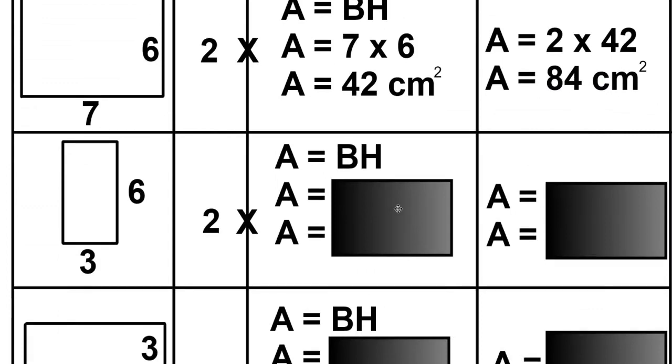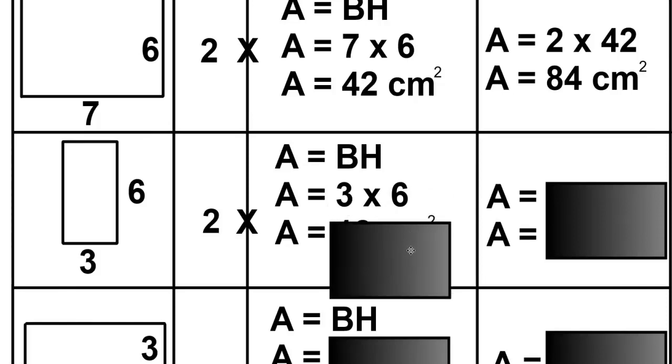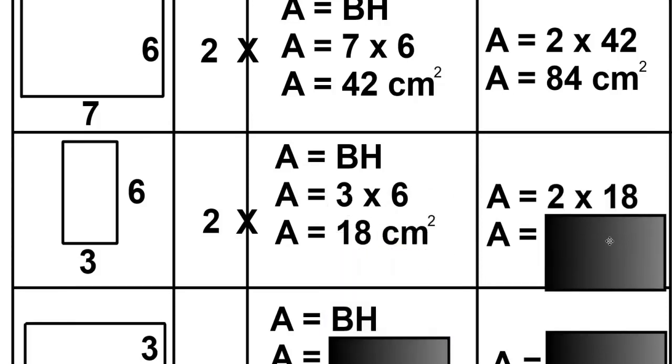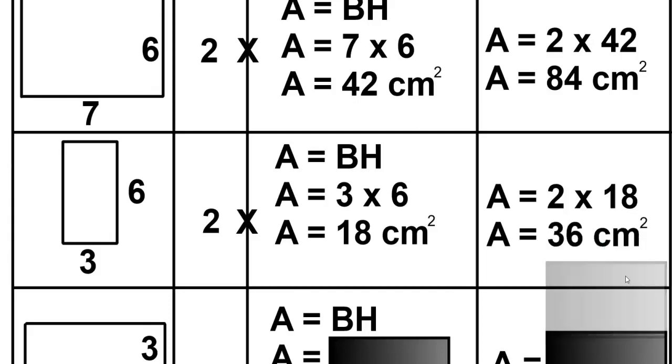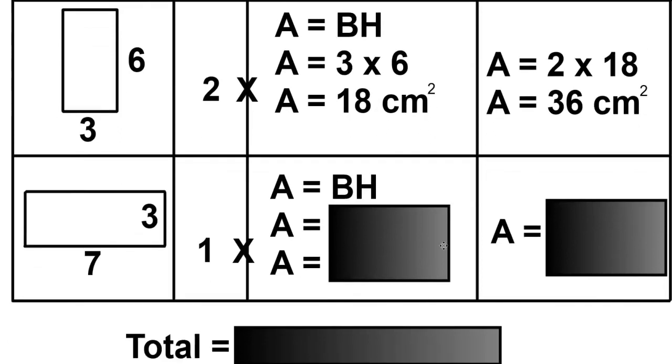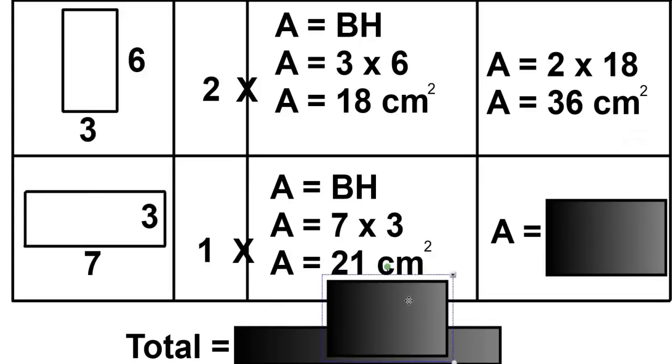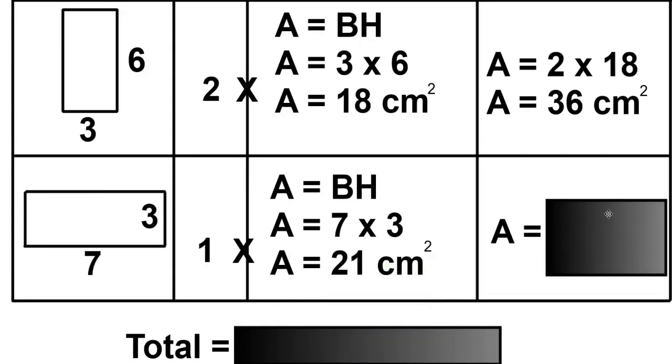For the second rectangle, its area is equal to base times height. Area is equal to 3 times 6, so area is equal to 18 centimeters squared. Again, there's a right and a left side, so we'll multiply that by 2, which gives us a total of 36 centimeters squared. And for the bottom, area is equal to base times height. Area is equal to 7 times 3, so the area will be 21 centimeters squared.